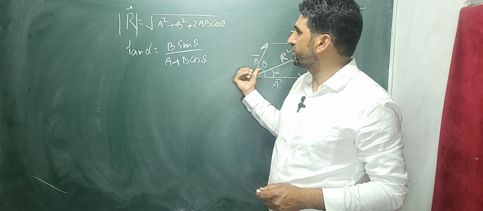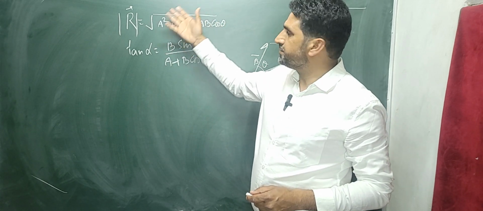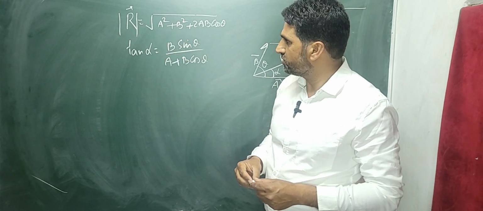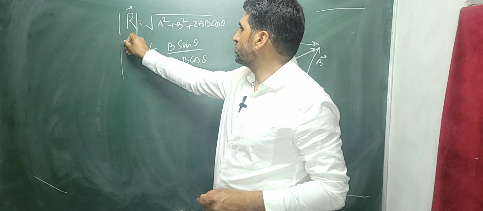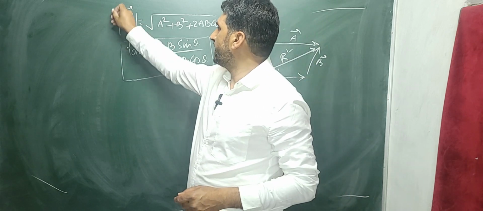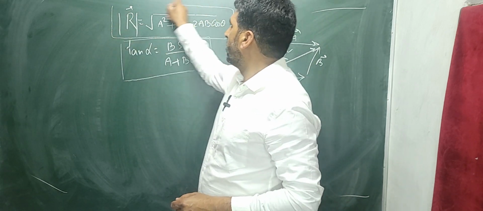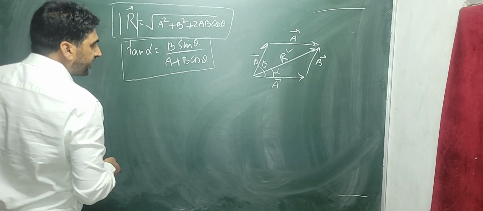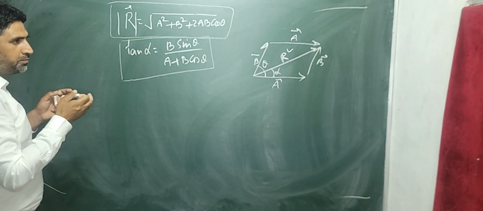We get the magnitude part, and then using this formula we get the direction part. So these are the two generalized formulas to calculate the direction part and magnitude part of the resultant between two vectors following the vector law of addition using the parallelogram method.